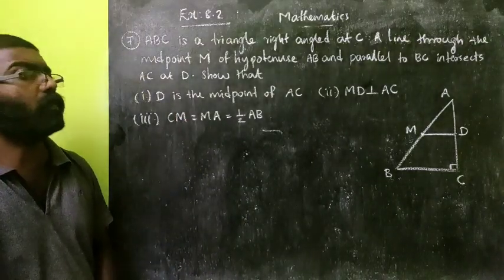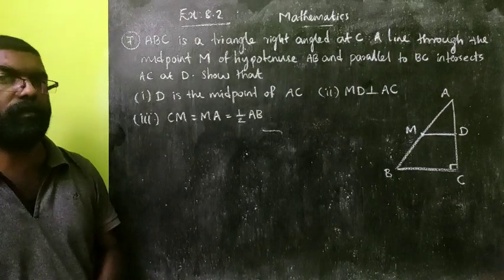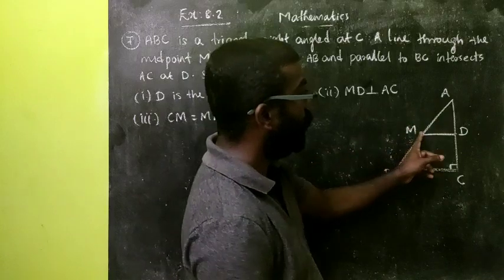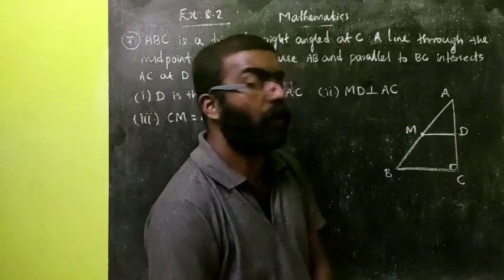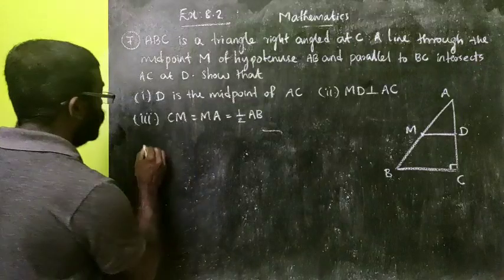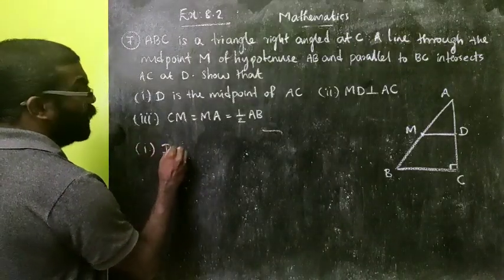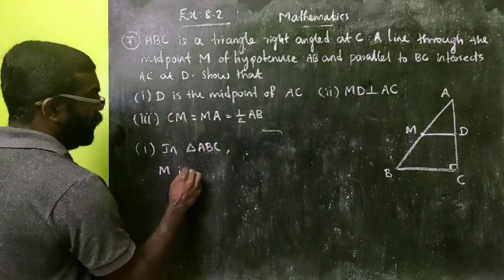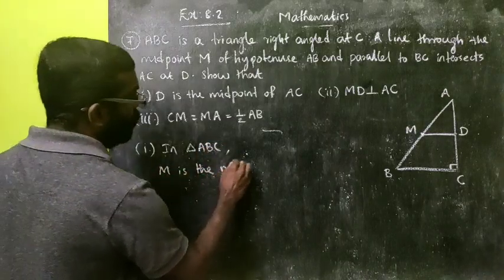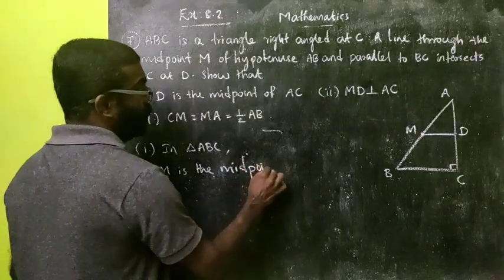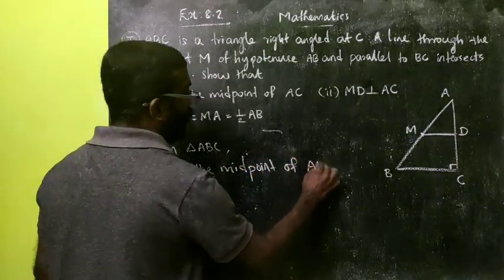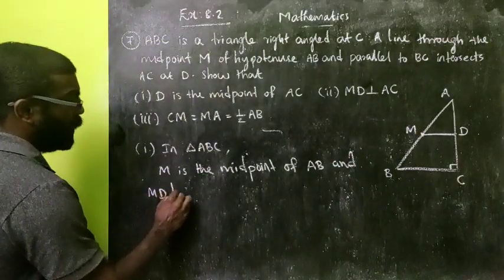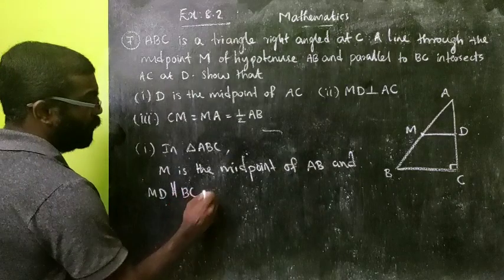Okay. Show that D is the midpoint of AC. Clearly we can say D is the midpoint of AC by converse of midpoint theorem, because here M is the midpoint of AB and MD is parallel to BC. So we can write, in triangle ABC, M is the midpoint of AB and MD is parallel to BC.